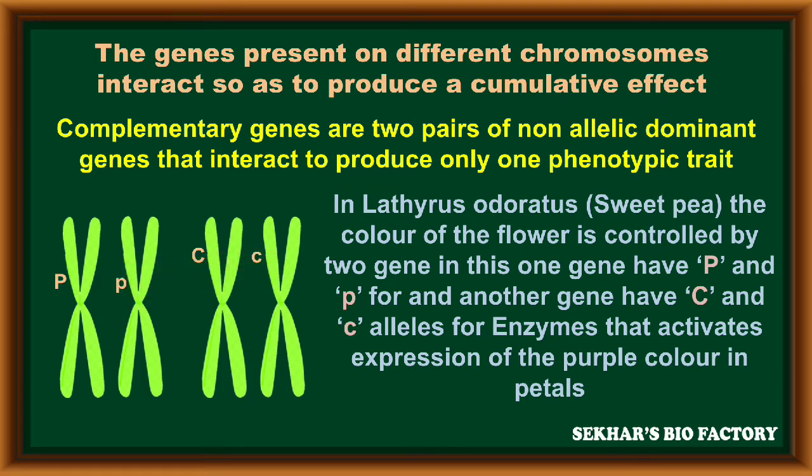Both these genes produce their respective enzymes to express purple flowers in the petals. That means flower color is expressed if both genes are present at their respective loci on the chromosomes.